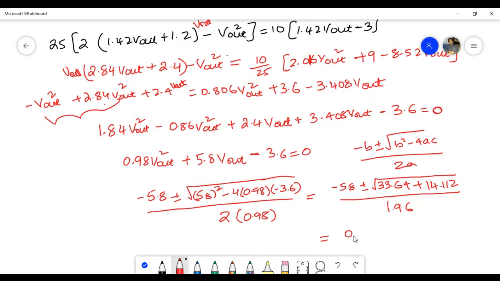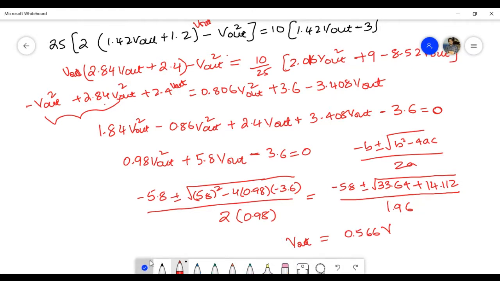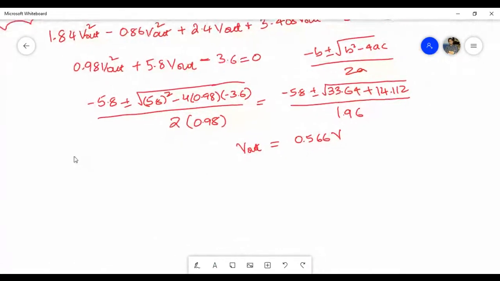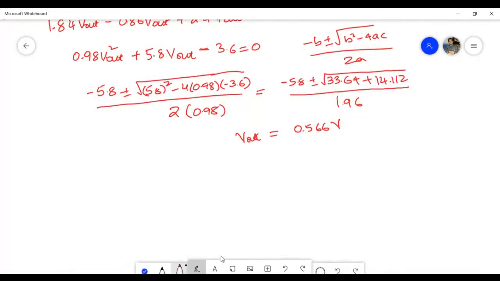This is what V out is. Are you sure with this answer? Because I don't have the answer with me. So you have done it with the calculator. Okay, so this will be V out.